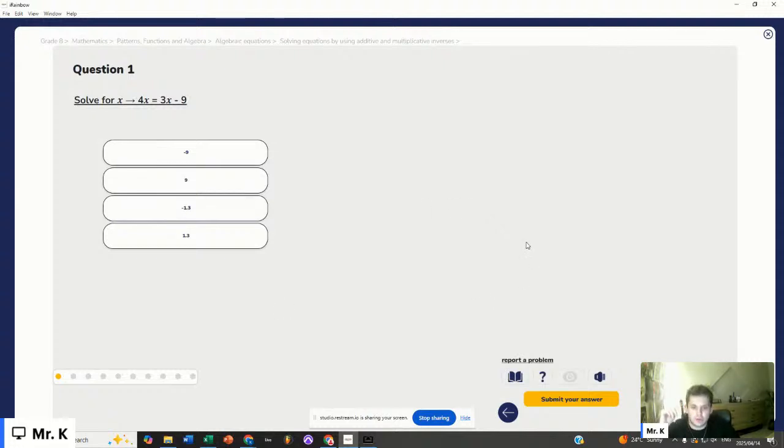All right. So go through them, submit your answers once you've calculated them on a piece of paper in front of you. Do not just try and do these sums in your head. All right. Do it on a piece of paper so that you practice the process of moving things over the equal sign, for example.